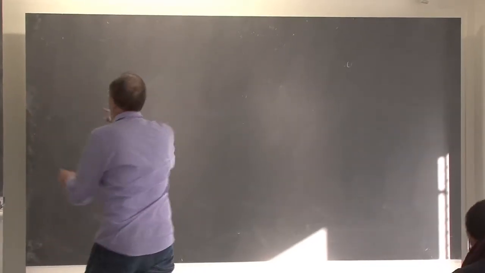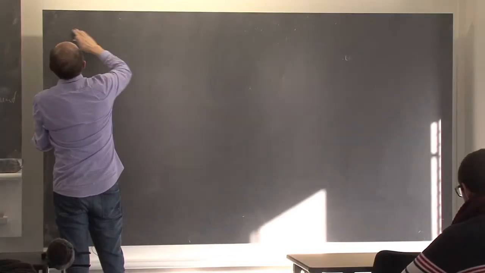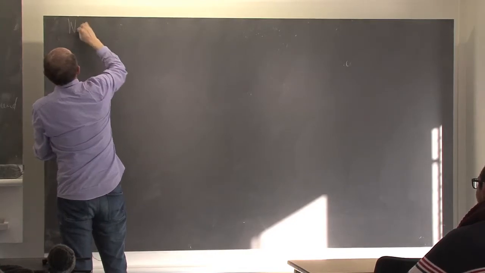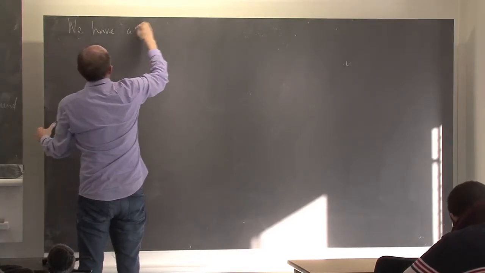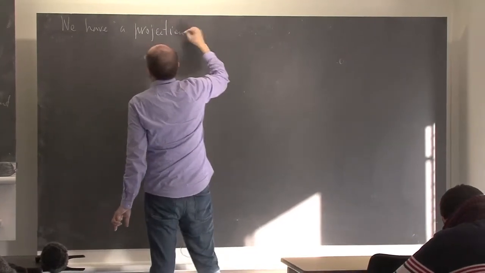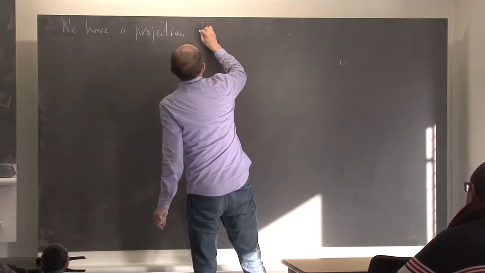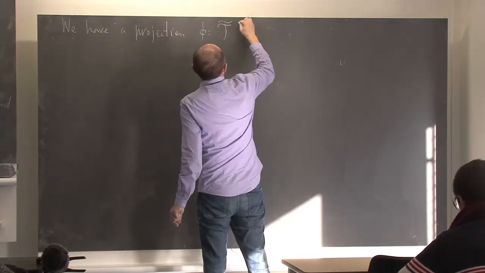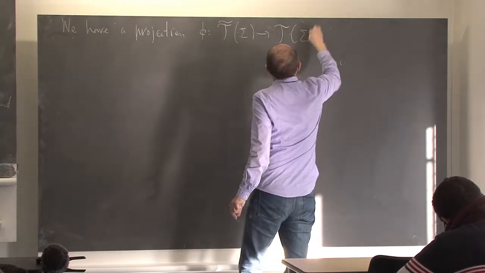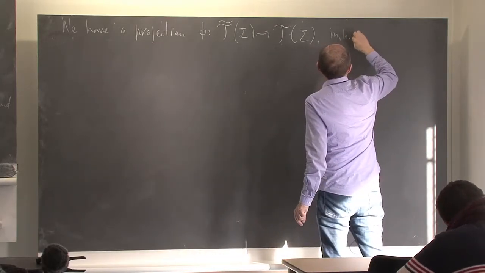Okay, but before I come back to horocycles, remark that we have a map, a projection phi, which goes from decorated Teichmüller space to the original Teichmüller space, just by forgetting the horocycles.